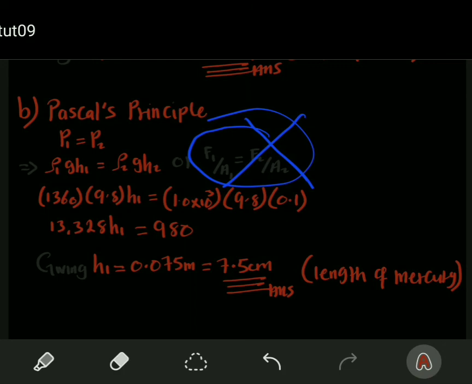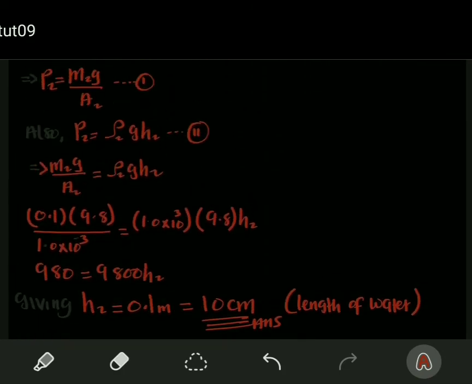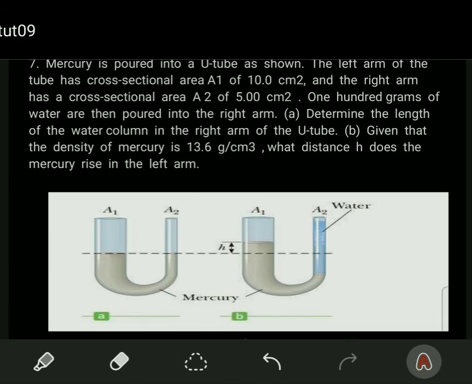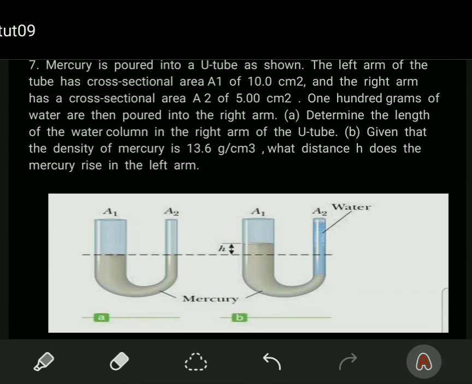Okay, so notice the steps that we have taken here. First, we considered the weight of the water which was being poured. Because we were given 100 grams, the force in the water column there is simply the weight of the water that is being poured there, which is going to constitute a pressure.